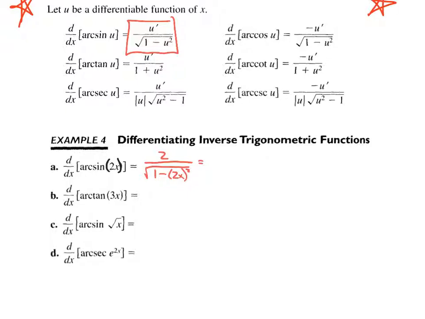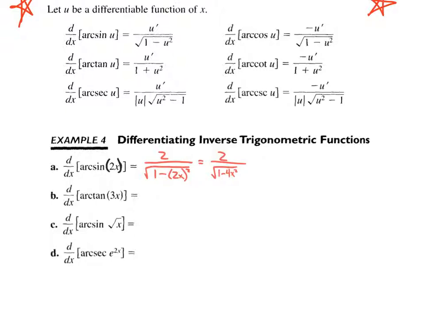So that's 2 over radical 1 minus 4x squared. Okay? That's not too terrible, right? It's just a matter of remembering the patterns. By the way, these patterns are on that formula sheet I had given you a while back.